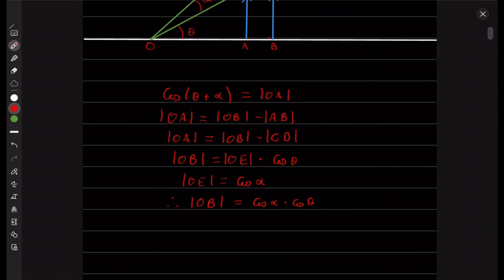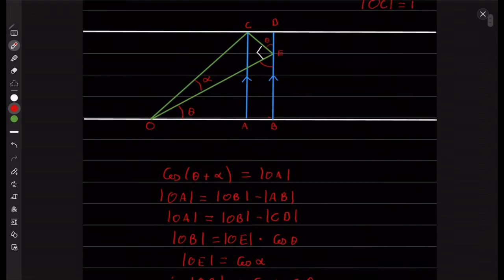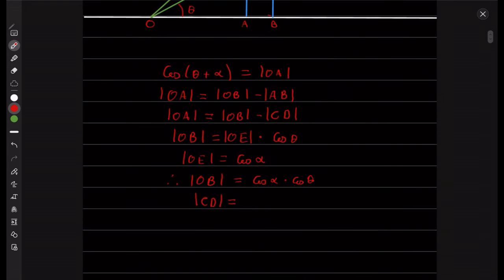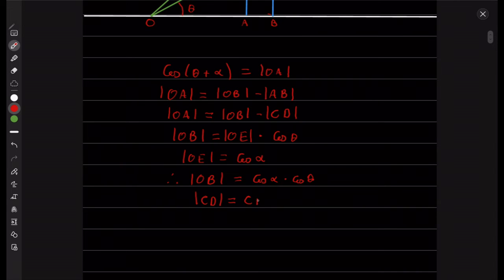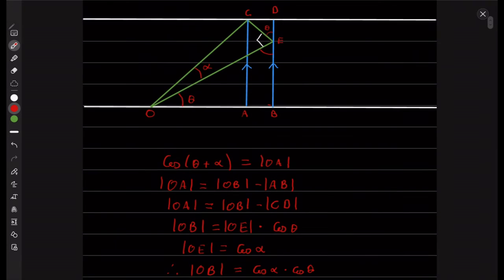So CD is the hypotenuse, which is CE, times sine theta.